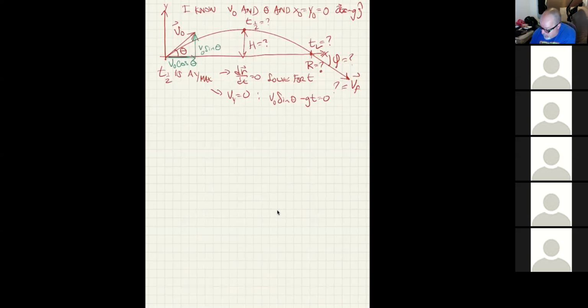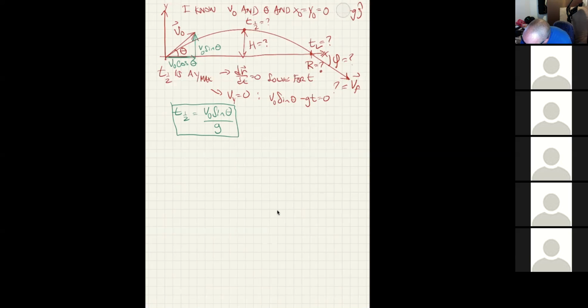That's why I got those. Now if I solve this, I get t 1/2 is equal to v0 sine theta over g. I'm sorry, you probably already said this, but is g gravity? Yeah, g is gravitational acceleration, the 9.8 meters per second every second.